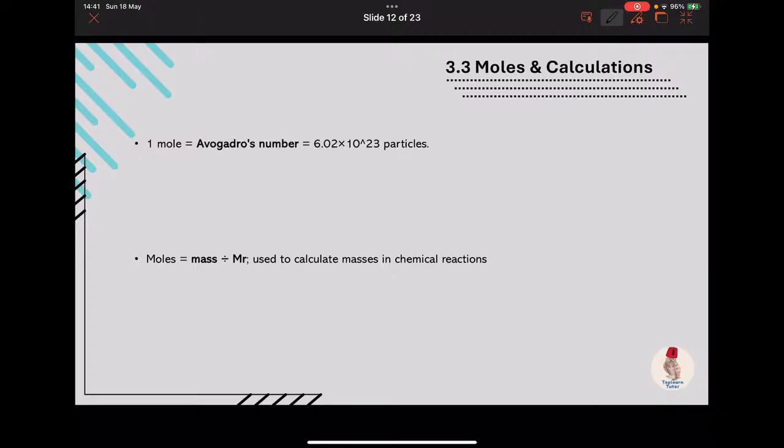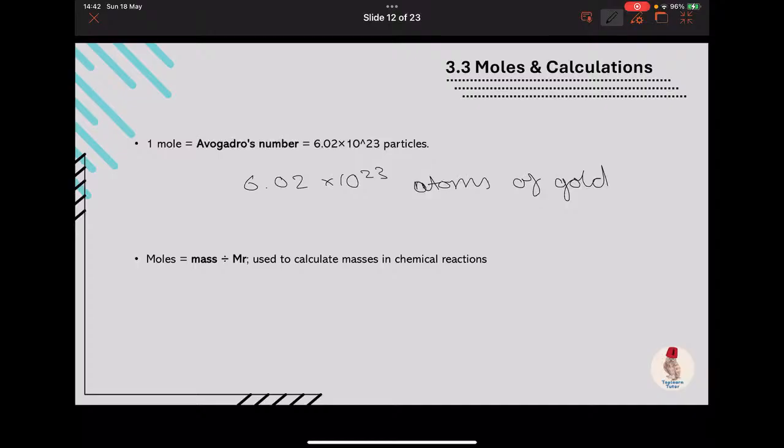Now, 1 mole equals Avogadro's number. So in 1 mole of, let's say, gold, you'll have 6.02 times 10 to the 23 atoms of gold. 1 mole of gold equals its mass number.